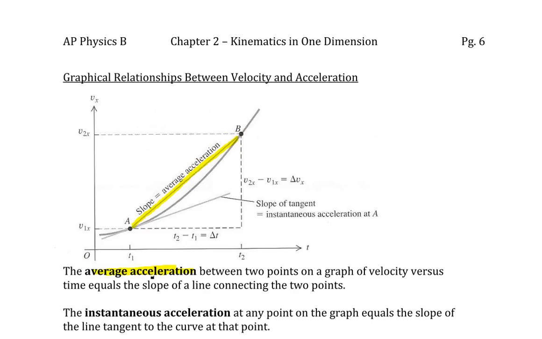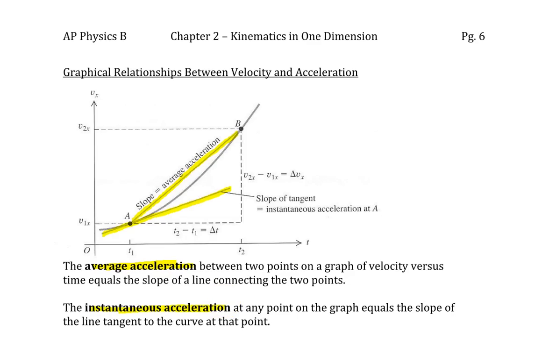So it's the acceleration between 2 points on the graph. However, if we take the slope of a tangent line to 1 point, like A, then we're finding the instantaneous acceleration.